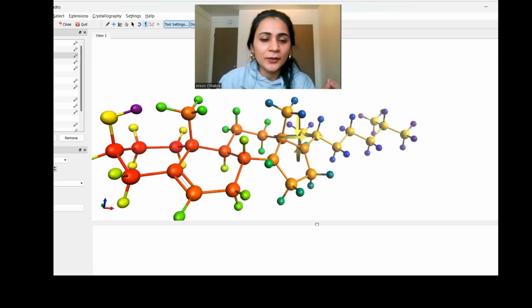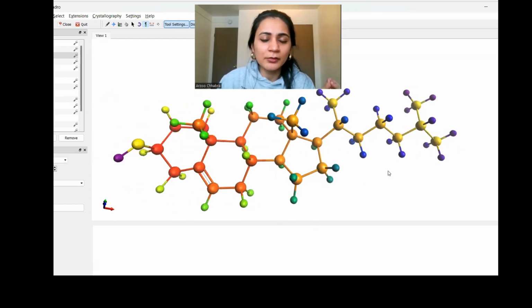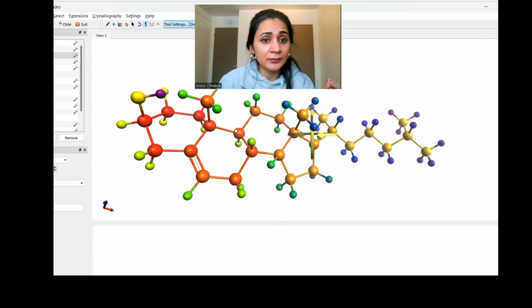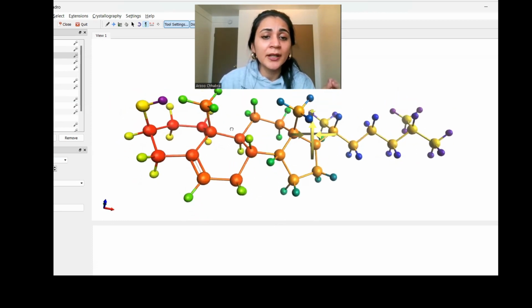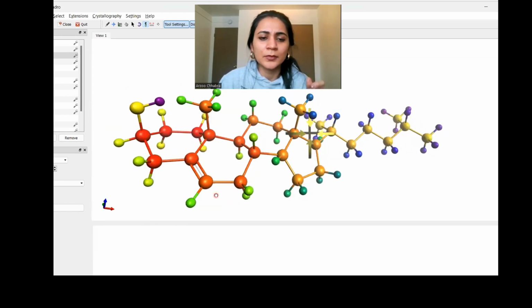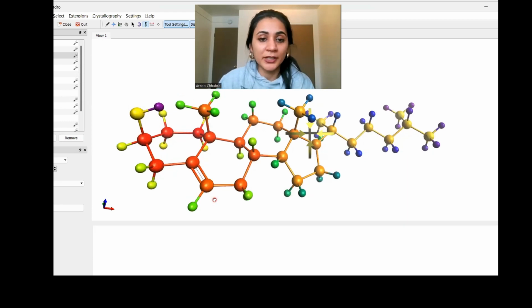So if you look at the first ring over here, this ring is a six-membered ring, right? We see that it's a six-membered ring, and it doesn't have a great chair conformation, right?